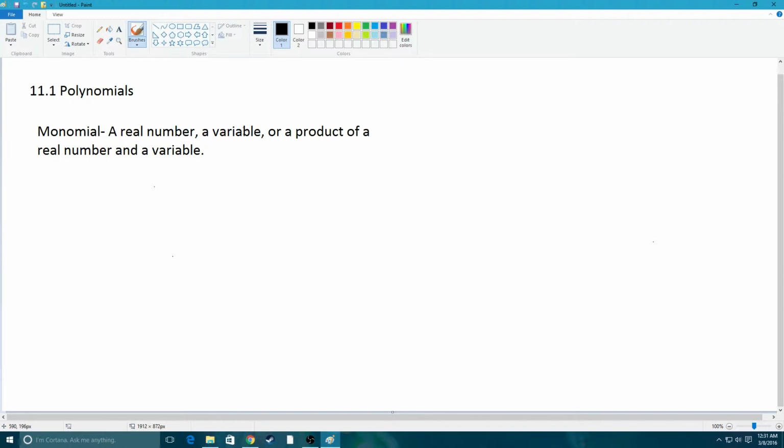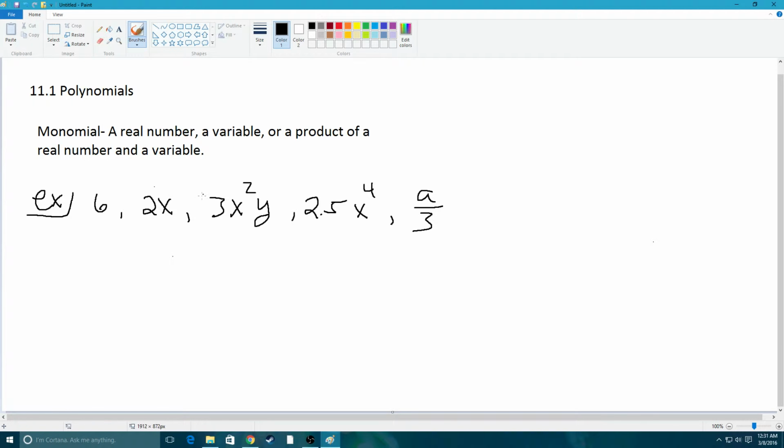Examples of monomials would be like 6, 2x, 3x squared y, 2.5 x to the fourth, or like a divided by 3. So real number, variable, or them put together.